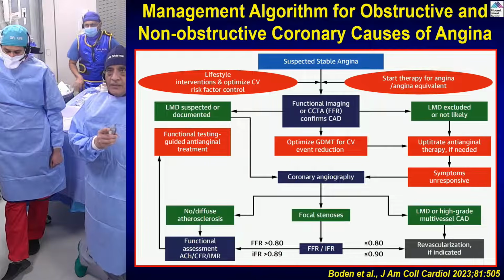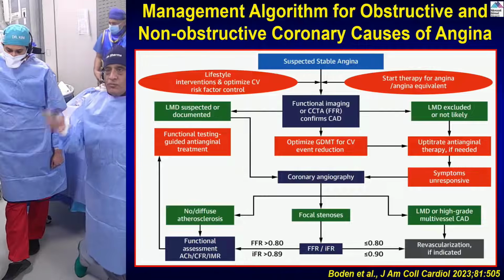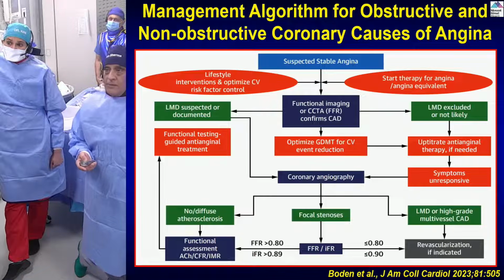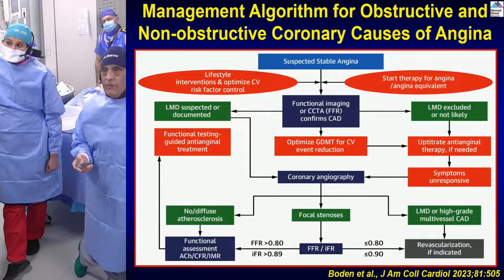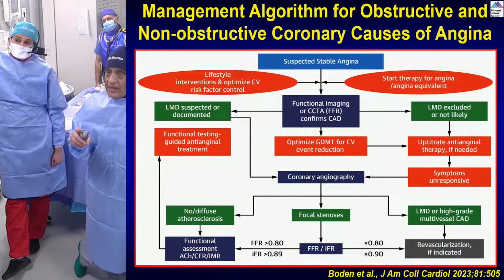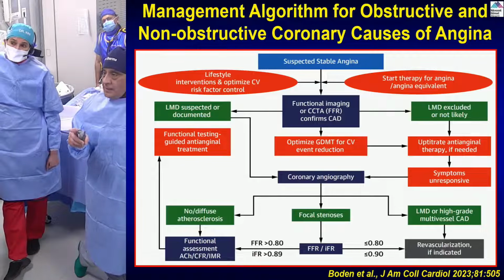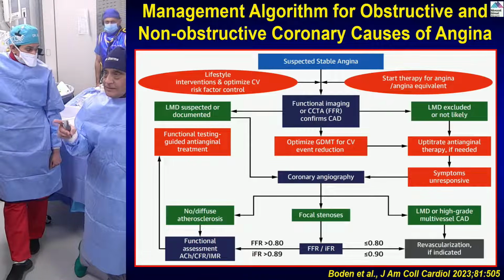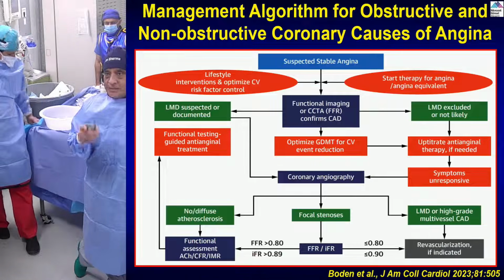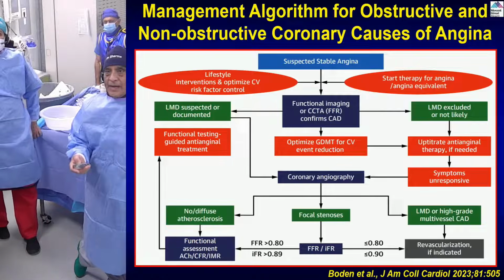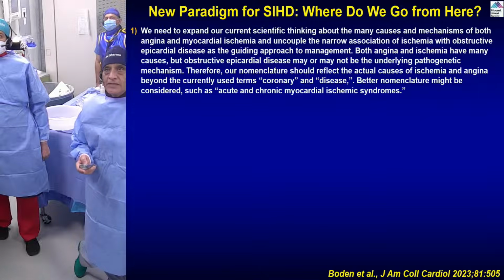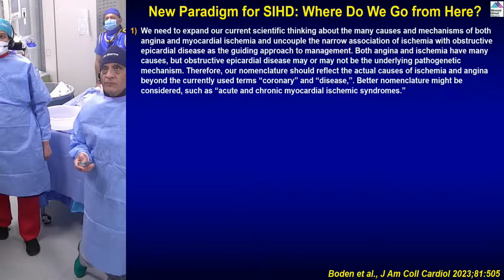So left main has to be excluded, and then you go through your regular medical therapy, and then FFR or iFR guides revascularization: with a higher value you leave it to medical therapy, with a lower value you revascularize. Even if FFR or iFR is negative, what does that mean? It's just telling you there is no obstructive lesion of the epicardium, but there are still a lot of functional issues. So you then test for vasospastic and microvasculature disease, with CMR and IMR, to answer this patient's issue. So this, just to take it from there, they put it very nicely.